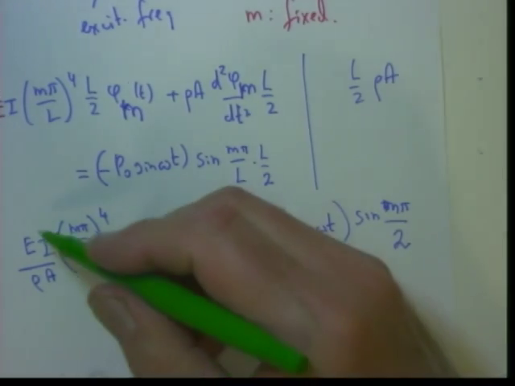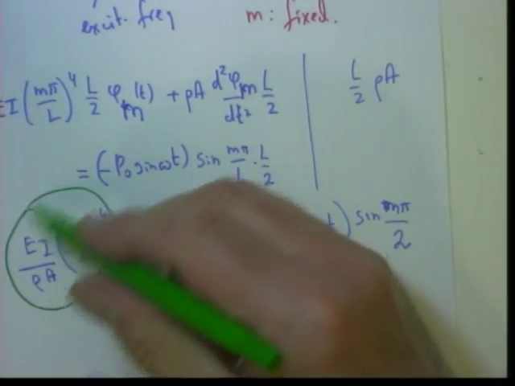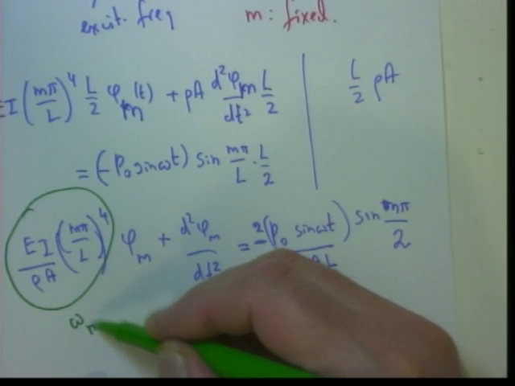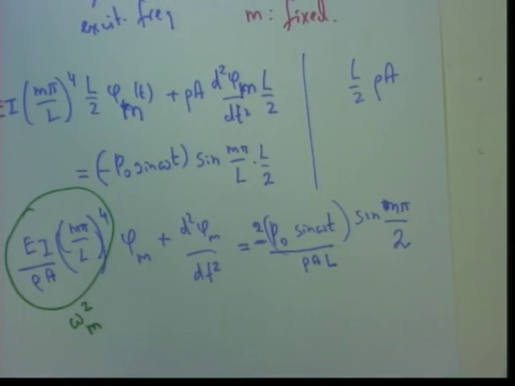Now this thing is nothing else but m's natural frequency, that is omega sub m squared. We studied simply supported beam, and we know that this is m's natural frequency. You better write this because we will get some very interesting results.